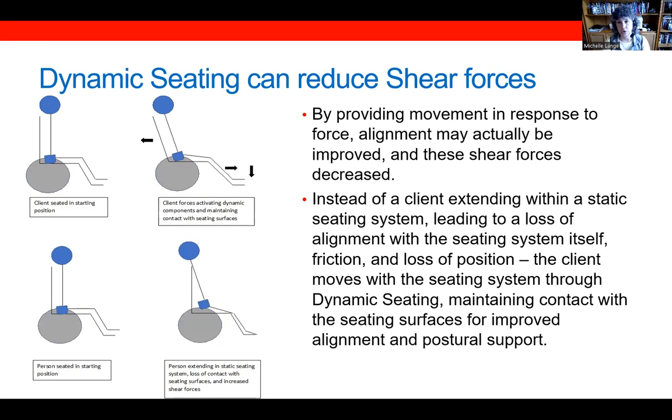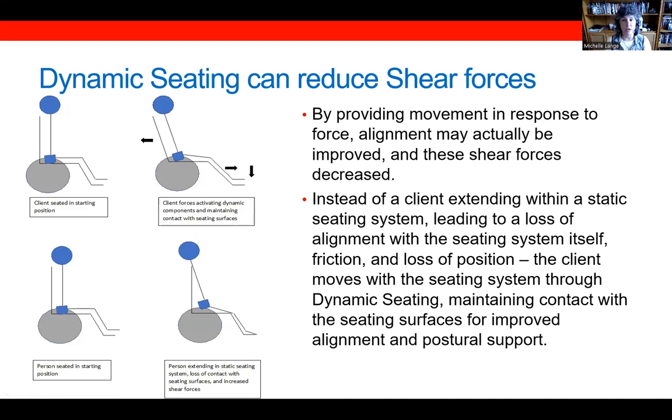Dynamic seating can actually reduce shear forces by providing movement in response to client forces. Alignment can be improved and these shear forces decreased. So instead of the client basically standing up within their static seating system and greatly moving out of alignment with the support surfaces, like we see in this bottom right picture, as someone extends within their static system, the dynamic system moves with the client, and this helps them to maintain contact with the seating surfaces.